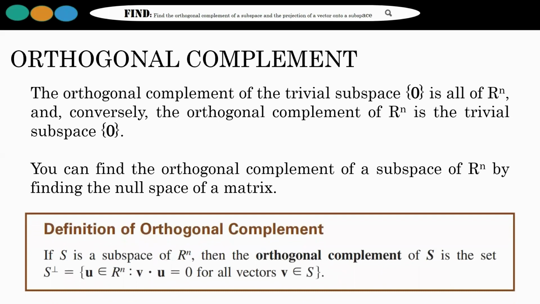For the definition, if S is a subspace of R to the n power, the orthogonal complement of S, denoted S perp, is the set of U in R to the n power where v times U is equal to 0 for all vectors v in S.